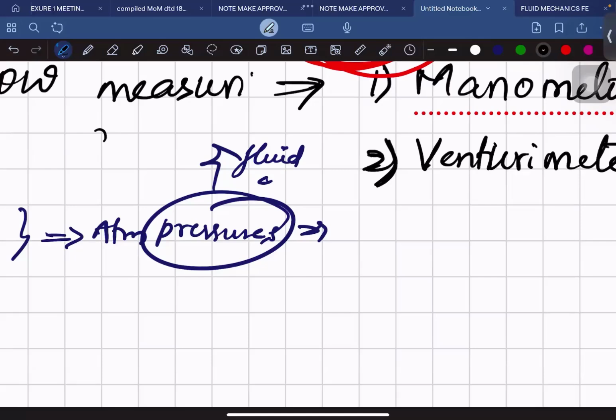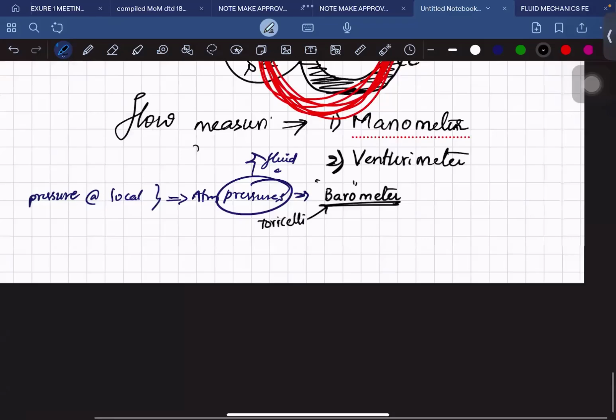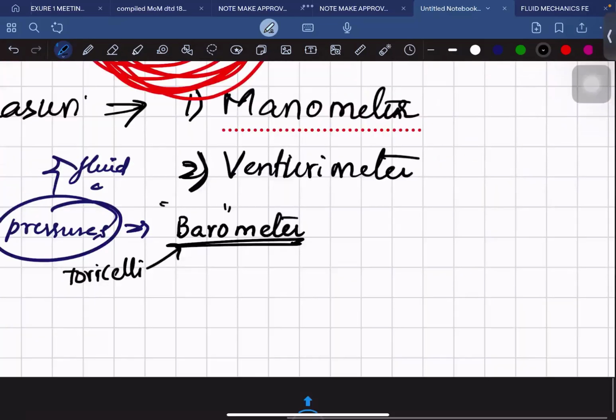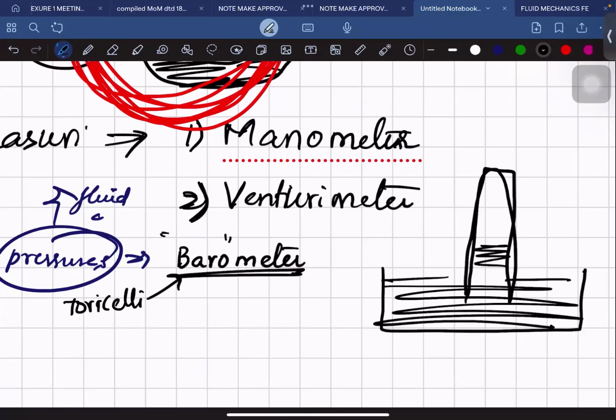You are almost near. It is the barometer. Yes, you're right. This is called the Torricelli barometer because this person invented it. How does it look? It looks like a beaker and then an inverted jar, and there will be mercury placed here and mercury here.